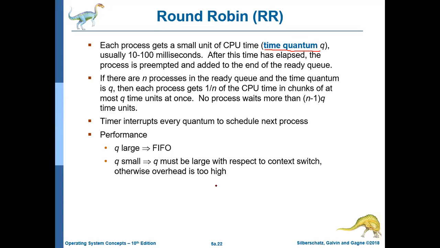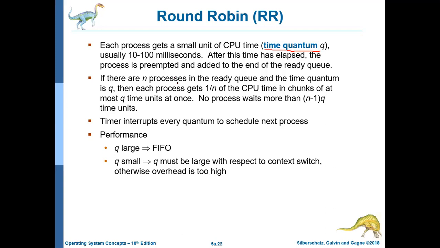Suppose some process is running that wants 100 milliseconds, but the time quantum is only 10 milliseconds. Then after 10 milliseconds, that process will be removed from the CPU, and the remaining 90 units of time will be executed later on. So first we remove it and push it into the ready queue.